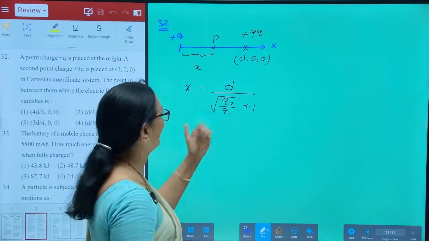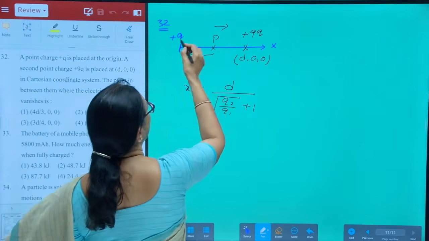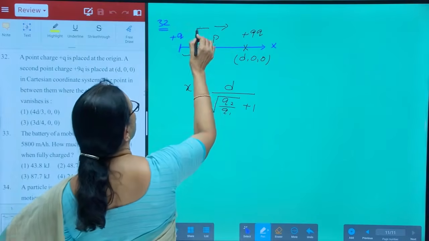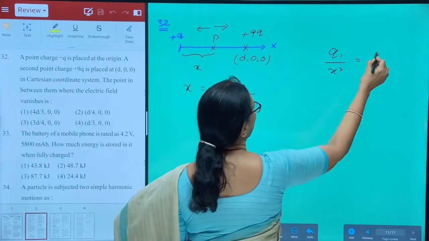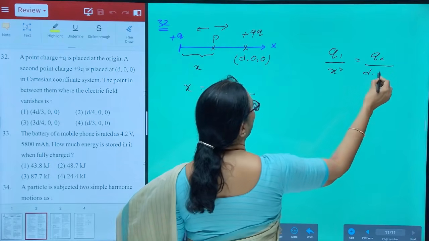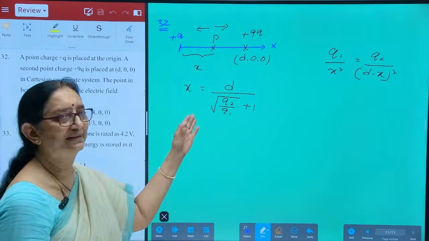Actually, this derivation comes from the electric field intensity due to this being in this direction, due to this in this direction. So, Q1 by x square is equal to Q2 by d minus x whole square. On solving that, you will get x like that.